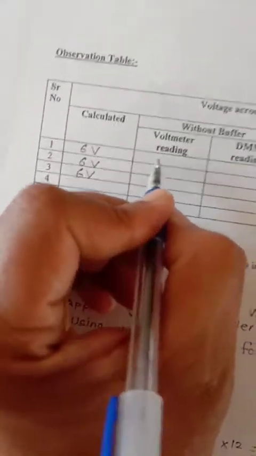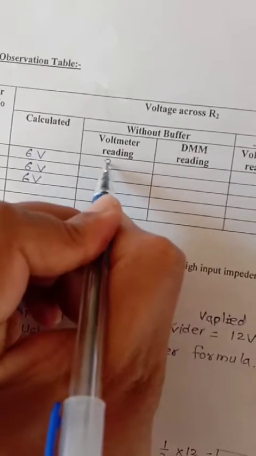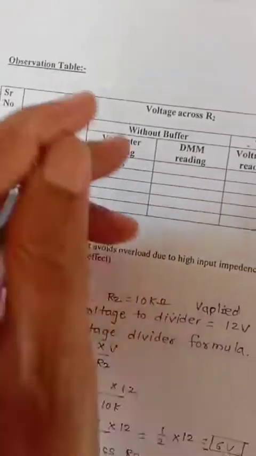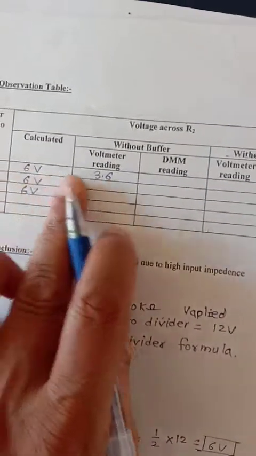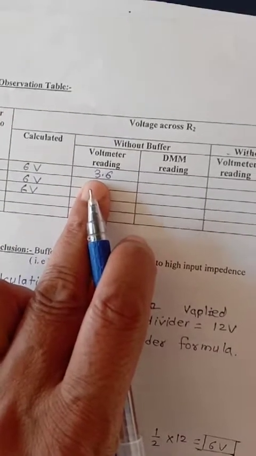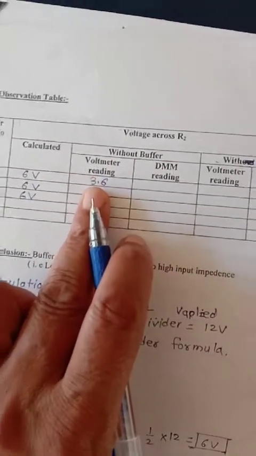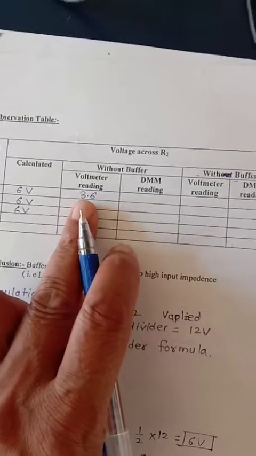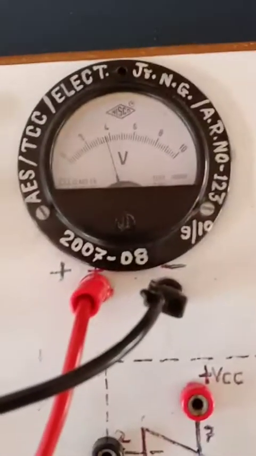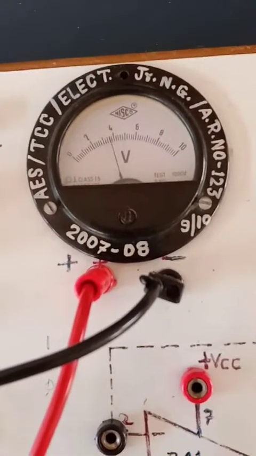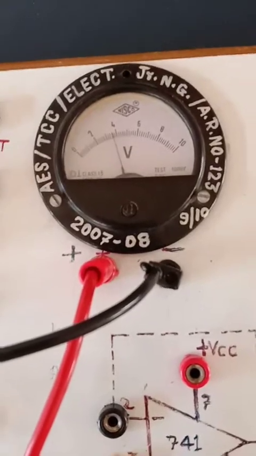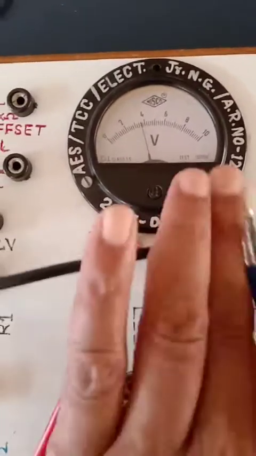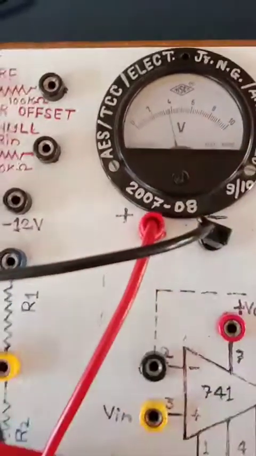So right here, voltmeter reading 3.6 volt. Instead of 6 we are getting only 3.6. It is not the correct reading. This voltmeter shows a wrong reading due to poor sensitivity of this analog voltmeter.